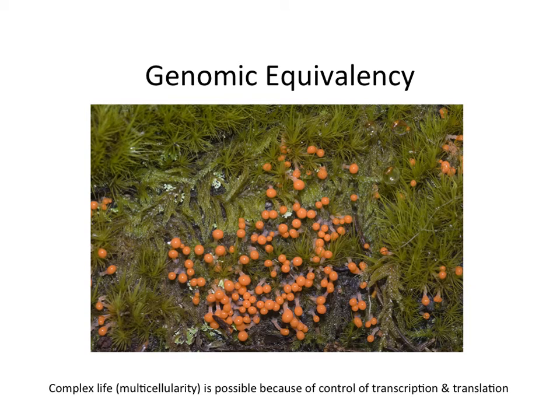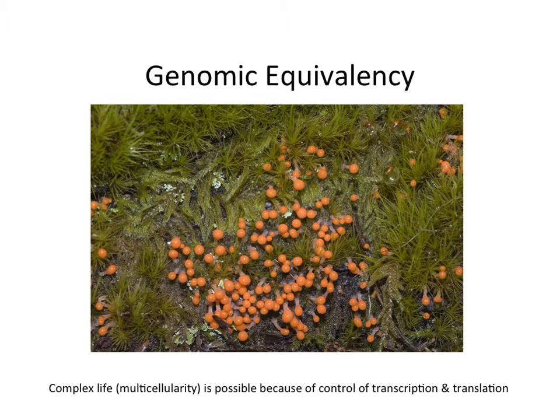And all of these cells, just like in us, have the same DNA in every cell. My toe cell, my eye cell, my lung cell all have the same genes. How is it that those cells are different types of cells? So this is the concept of genomic equivalence, that every cell in our body has the exact same genes in it. So how does my eye cell know to produce that crappy red opsin gene that doesn't let me detect red light, yet that red opsin gene doesn't get turned on in my toe?